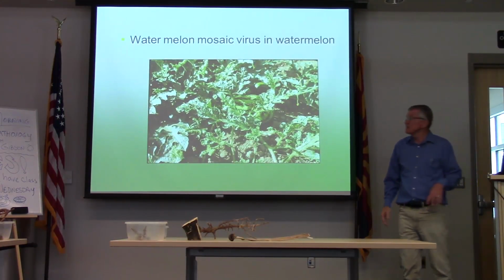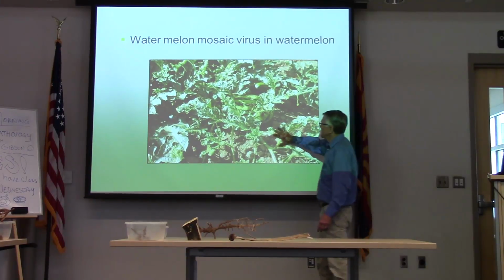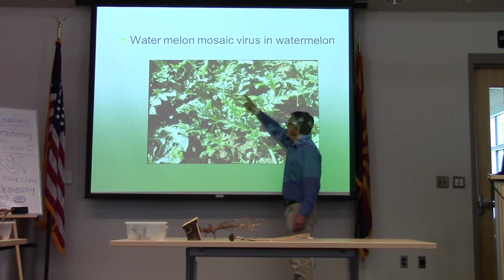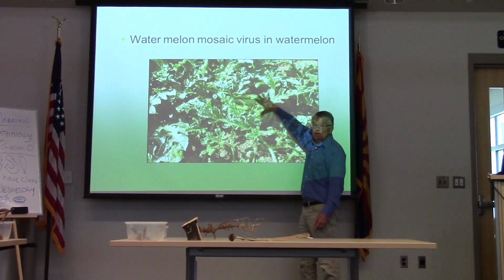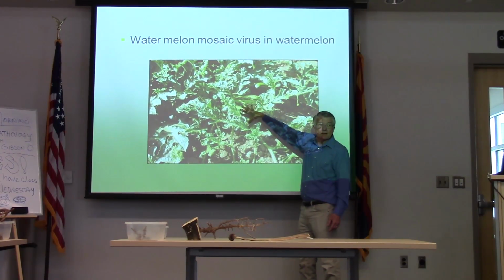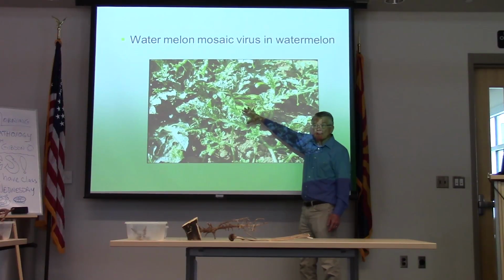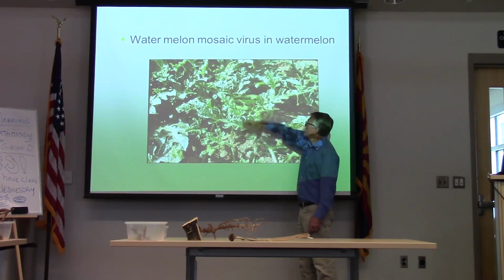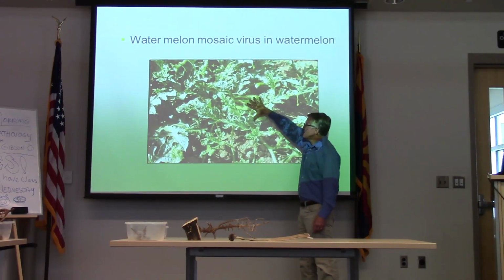This is watermelon mosaic I mentioned before, where we get all crinkly. Here's the watermelon, you can see it. They place it underneath the vines to protect it from sunburn. So they'll take the developing melon and pile the vines to shade it.